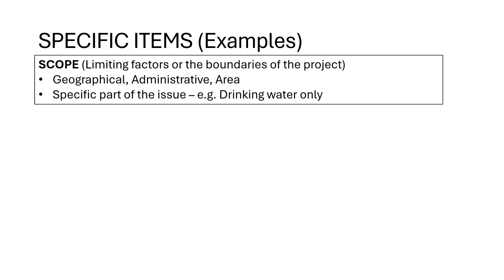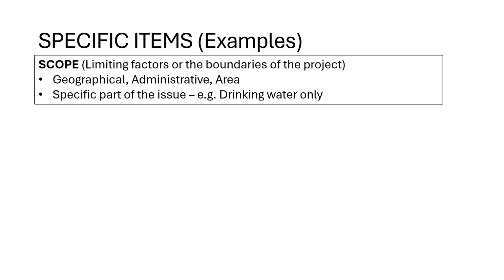The next item in chapter 1 is the scope. Scope means limiting factors or boundaries of the project. These limiting factors can be geographical. Your problem is within a certain geographical area, for example, if it's a road, or it could be within a certain administrative institution or function.